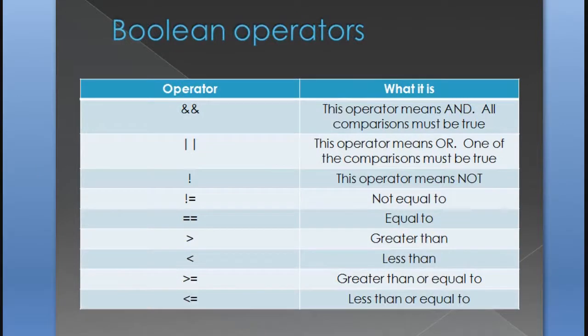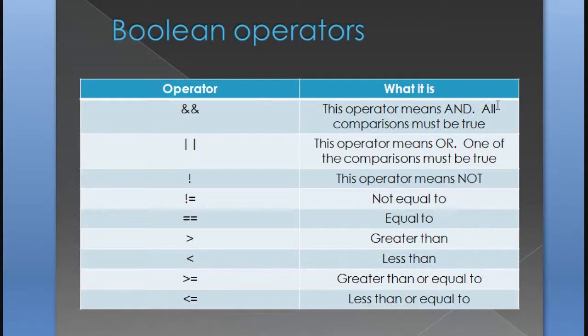Now let's talk about Boolean operators. We have many different operators for Boolean expressions. We'll go into Boolean expressions in the next slide. The double ampersand operator means and: all comparisons must be true.